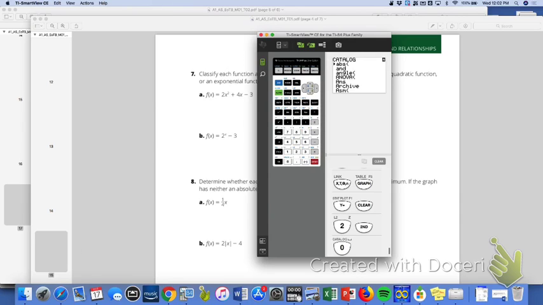Absolute value is the first one. Click enter. Now I'm going to type the alphabet soup button to get the x in there. I'm going to scroll over to the right to get out of the absolute value, because the minus 4 is outside of it. Does everybody see how I got to the catalog and to the absolute value?